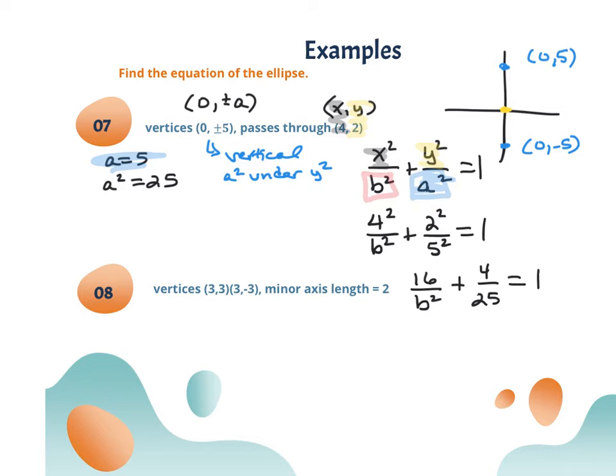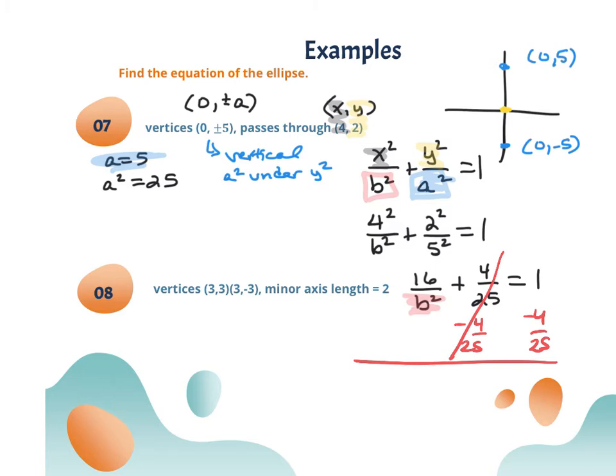All right, so my goal is to solve for b squared. So I need to get everything away from it. So the first thing I'm going to do is subtract the 4 over 25 from both sides. So it's gone from here.